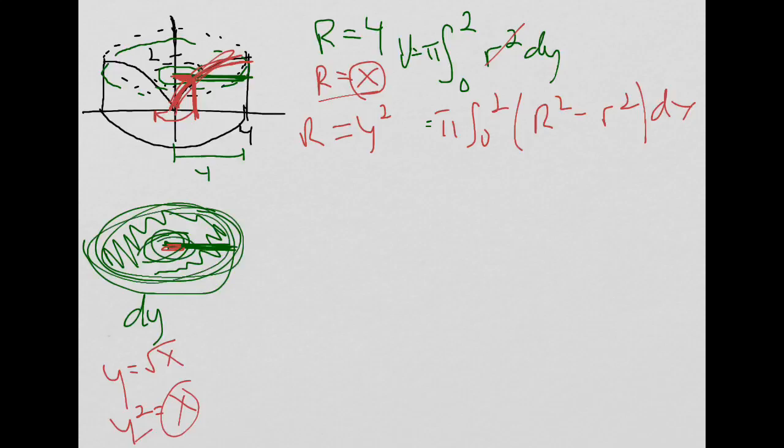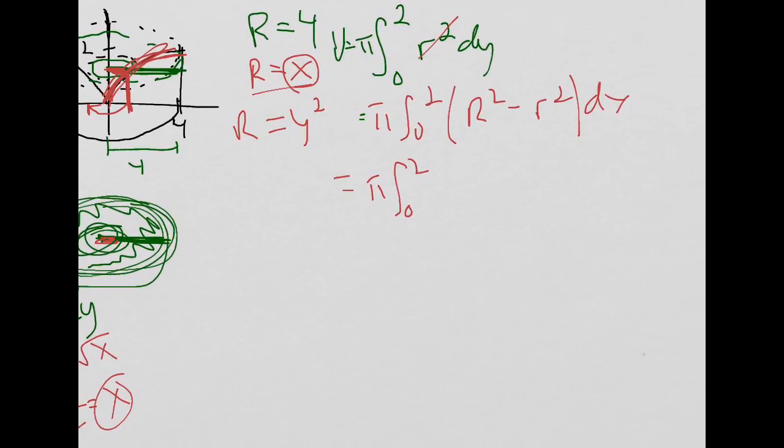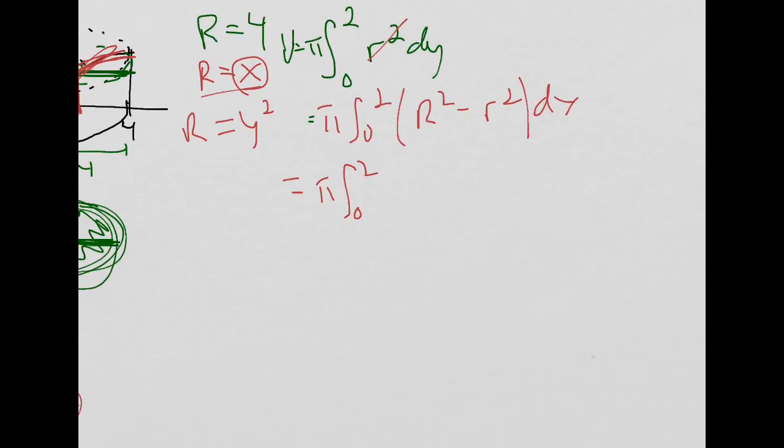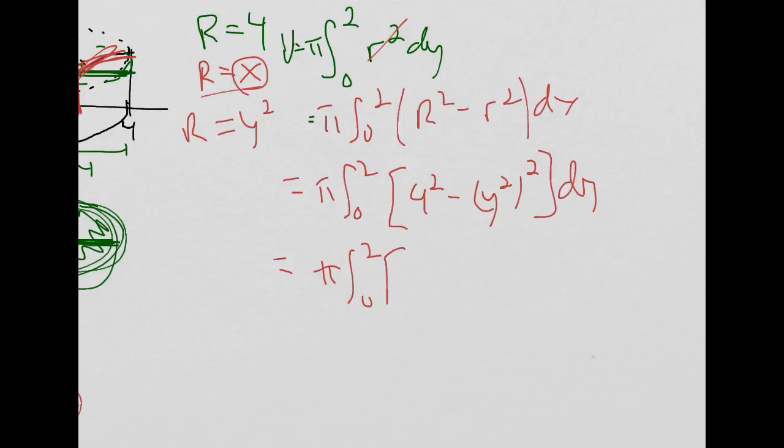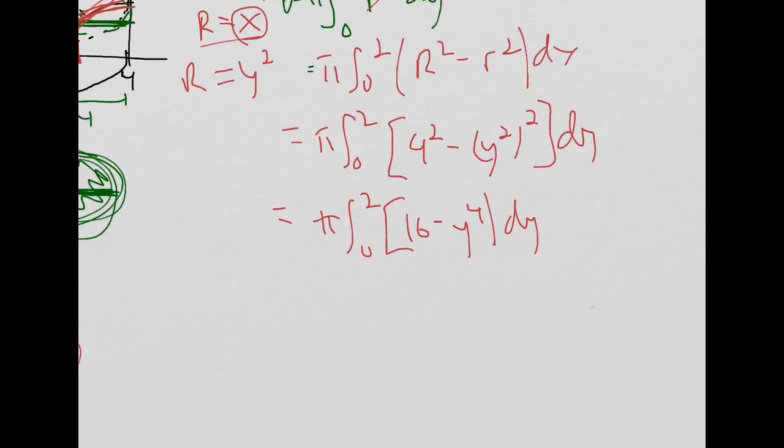All right, so anyway, I get that that is equal to pi times the integral from 0 to 2. I need to give myself some more space. So my big R is 4, so 4 squared, minus my little r is y squared, so y squared squared dy, which gives me pi times the integral from 0 to 2 of 16 minus y to the 4th dy, which I'll just carry down.